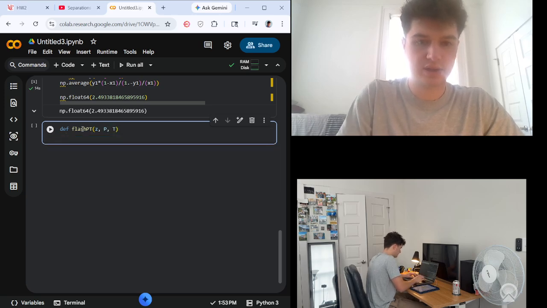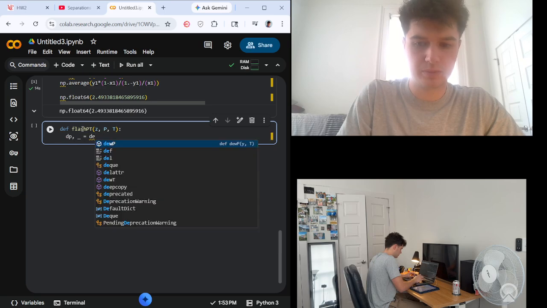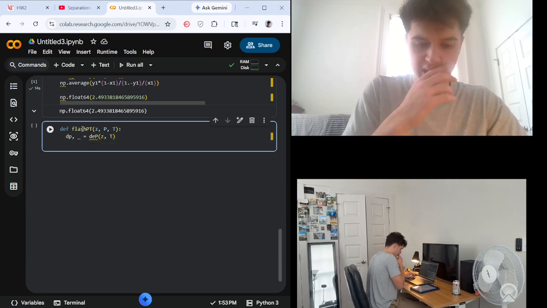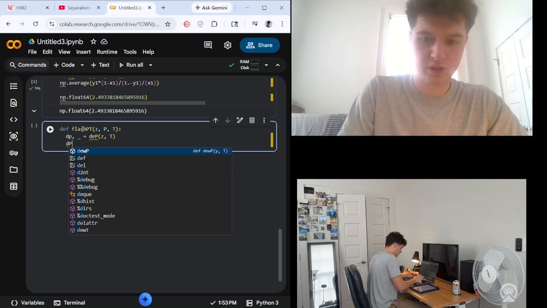And then next, let's add our column there. Dew pressure, we want to set equal to dew_P, and those are functions of Z and T. And we also want our dew pressure.